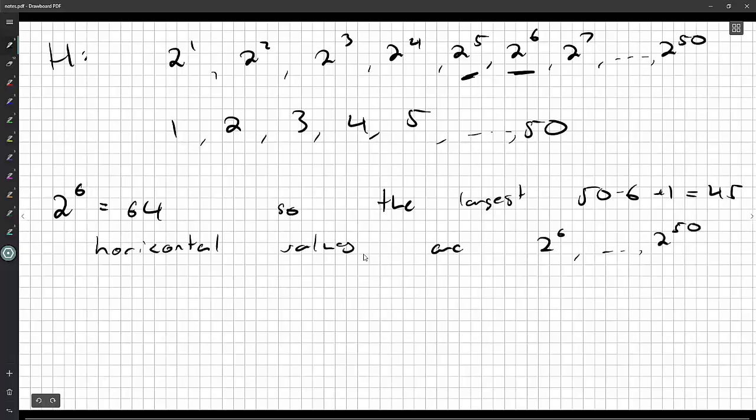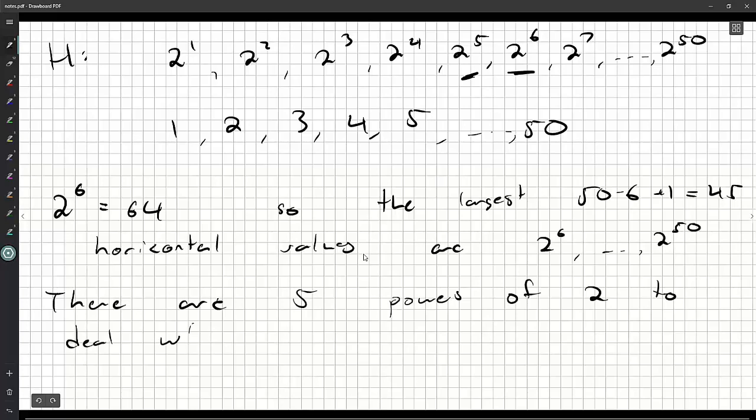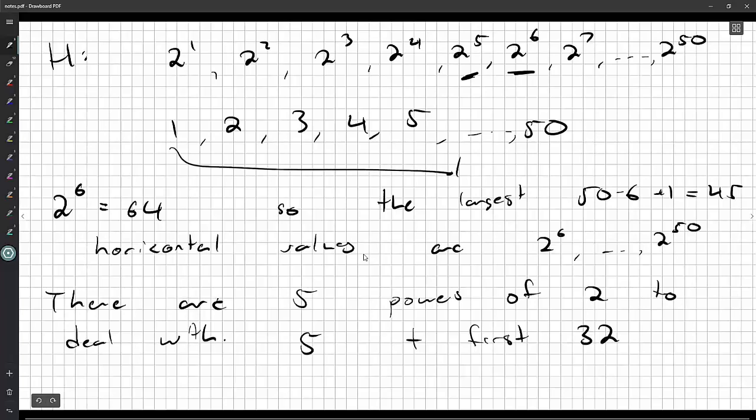So really we were asking ourselves, where does 2 to the 1, 2 to the 2, 2 to the 3, 2 to the 4, and 2 to the 5, where do they fit in? So there are 5 powers of 2 to deal with. So those 5 plus the first 32 integers here equal 37.